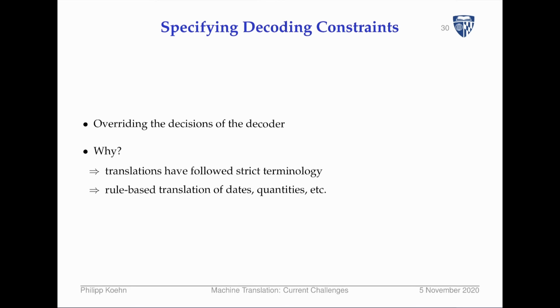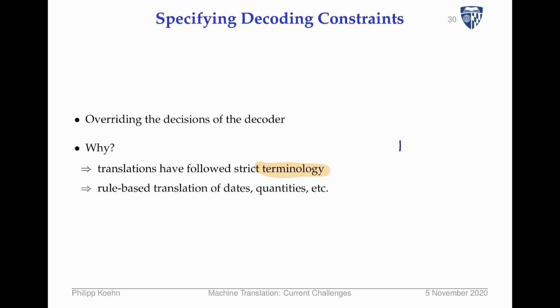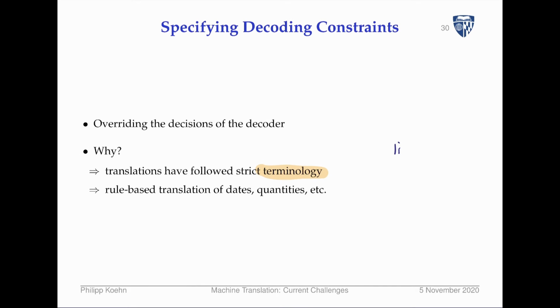I think the most common reason is terminology. People have terminology lists. Often translators work with terminology lists that say in our corpus we use this word, and that's the word you're going to use. Just to give you one example, maybe you have equal probability to produce output like liberty and freedom, and they both really mean the same thing, but maybe one client says, no, no, we have to talk about freedom.